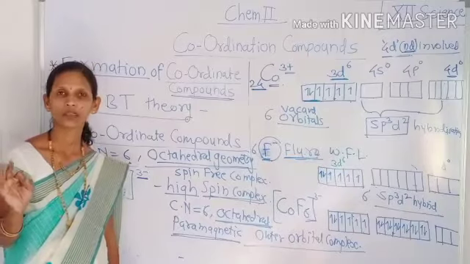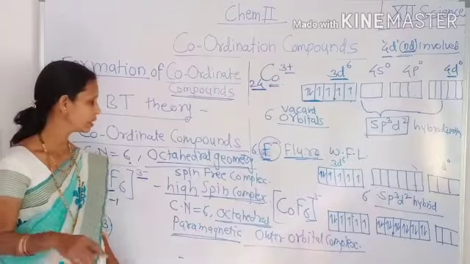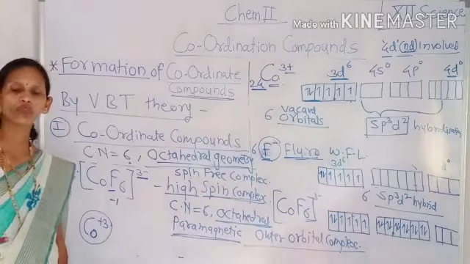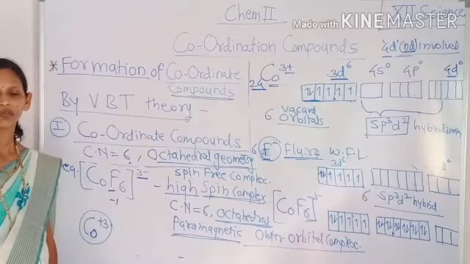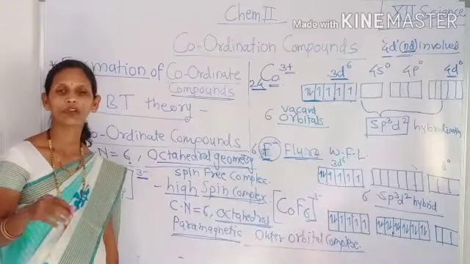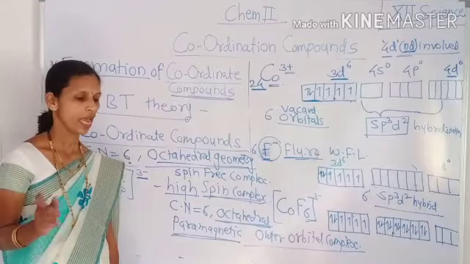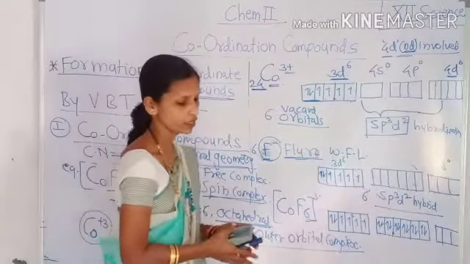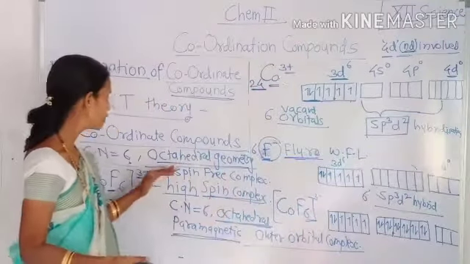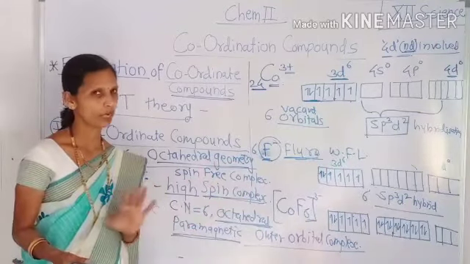The second limitation is that this theory cannot explain the nature of ligands. Some ligands are strong field ligands, while others are weak field ligands. This theory cannot distinguish between weak field and strong field ligands. One more limitation is that this theory cannot explain the formation of high spin complexes as well as low spin complexes.